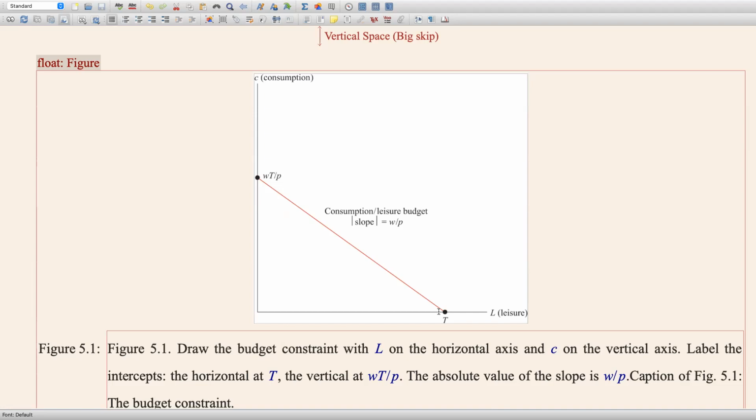That's the only physical thing. So T is 24 hours. Now imagine that you have to sleep 12 hours, then it goes down exactly by half. So there you go. That's the first part. We draw the budget.